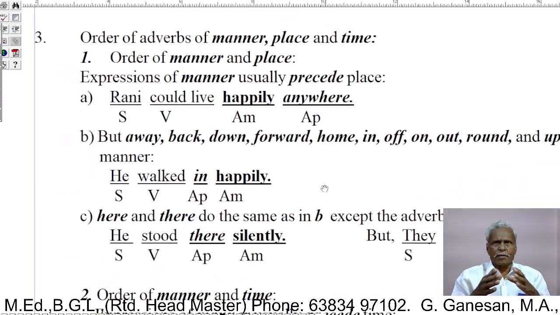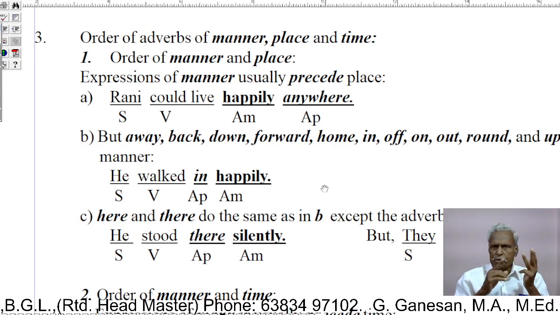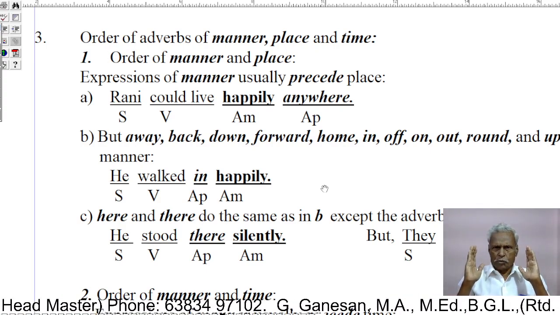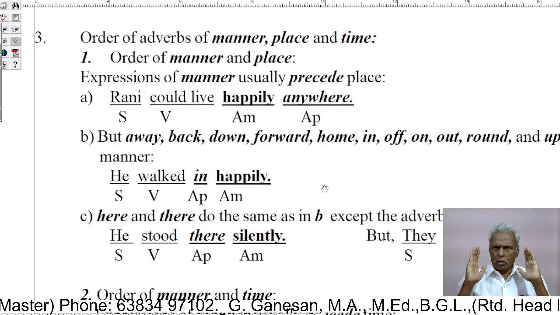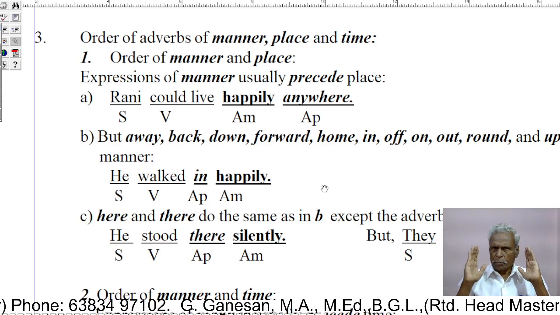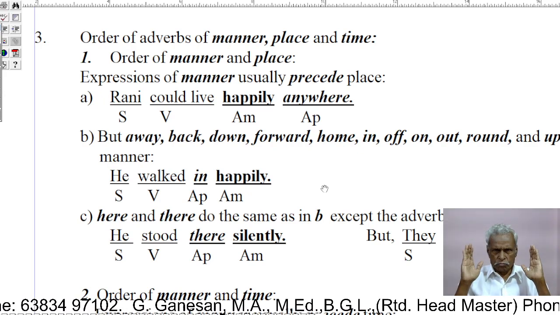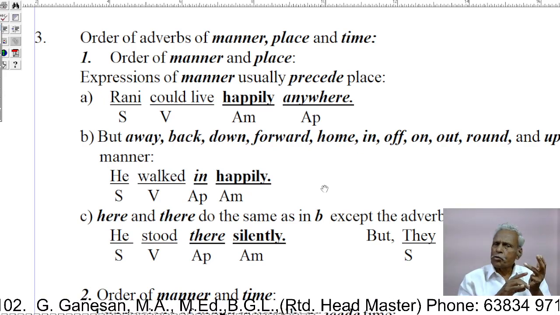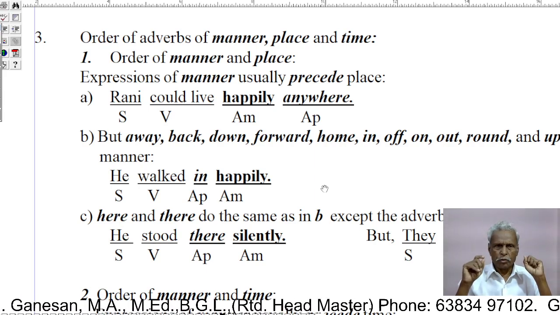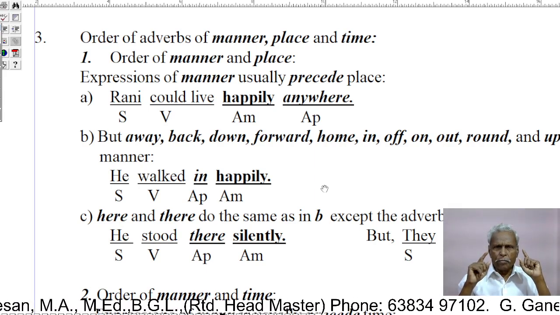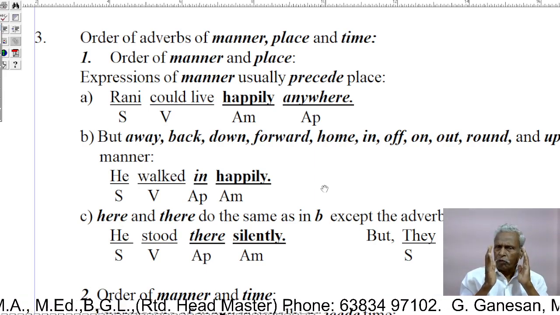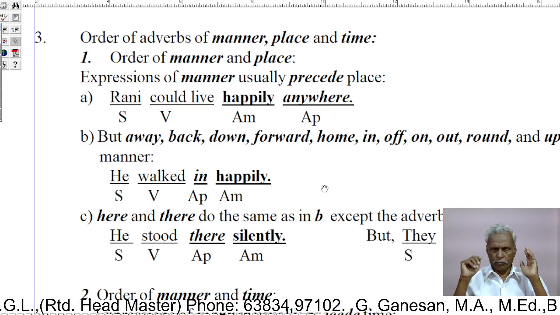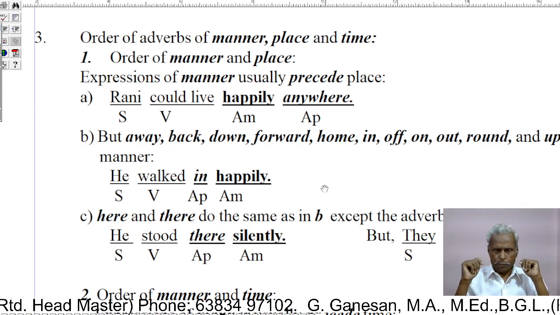Now let us see the order of the three kinds of adverbs: manner, place, and time. How these adverbs are placed in a sentence having adverbs of manner, place, and time. One, order of manner and place. When there are two adverbs, manner and place, how should they be placed?